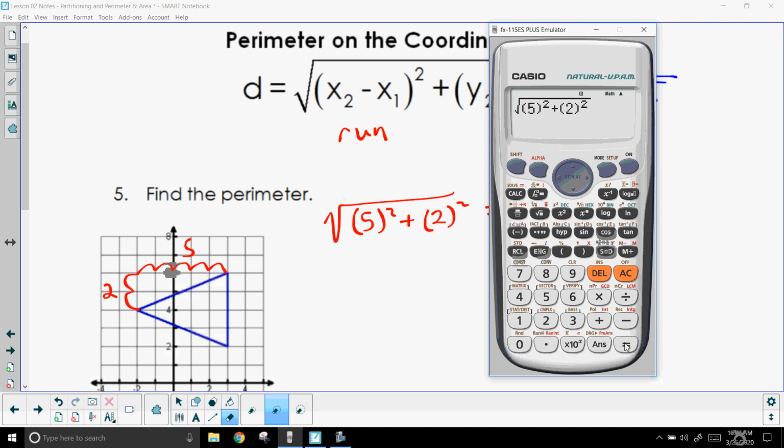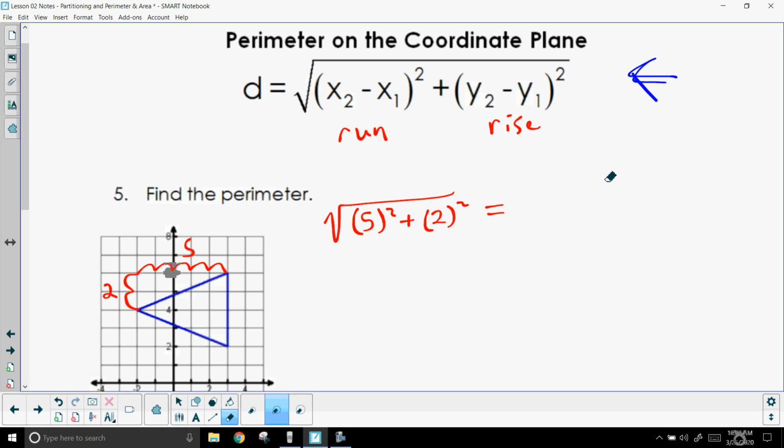Boom, root 29 or 5 point, we'll make it 39. So root 29 or 5.39. Okay. Now, that's for this side.